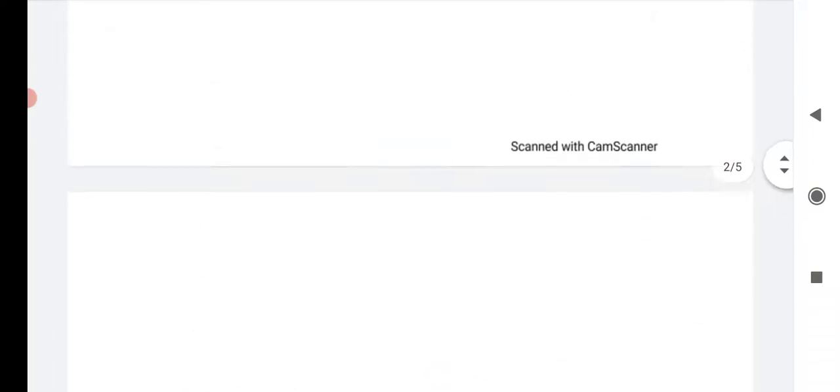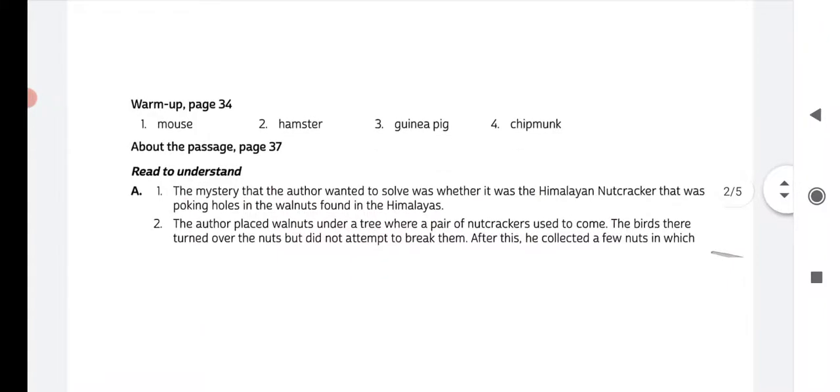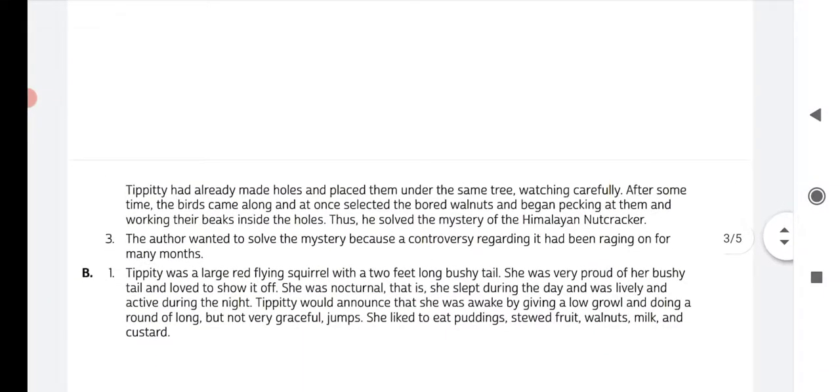And the second question here we have, how did the author solve the mystery? The author placed walnuts under a tree where a pair of nutcrackers used to come. The birds turned over the nuts but did not attempt to break them. After this, he collected a few nuts in which Tippity had already made holes and placed them under the same tree.